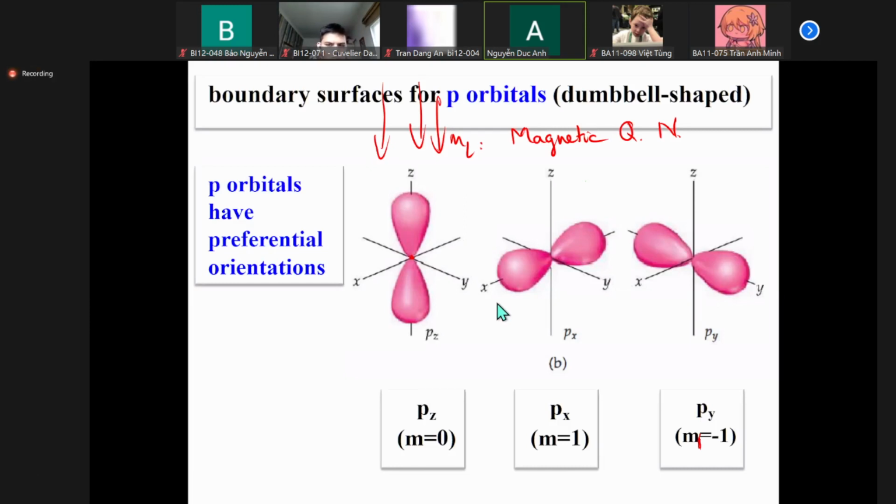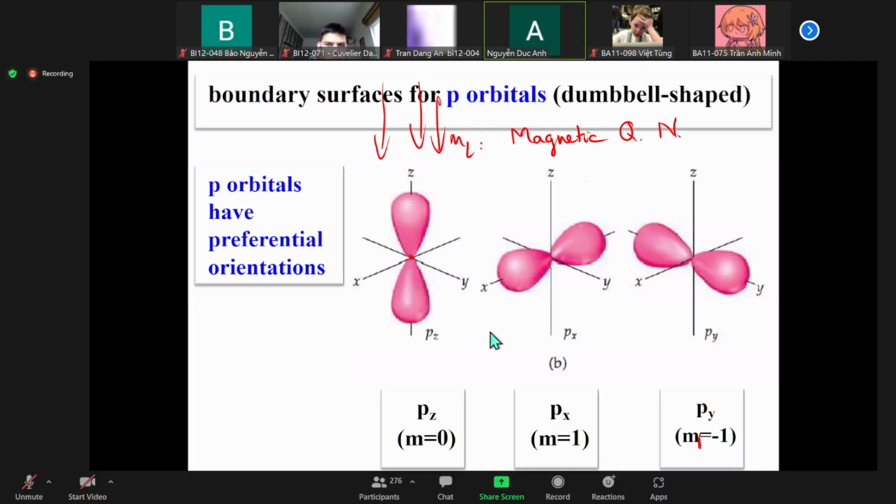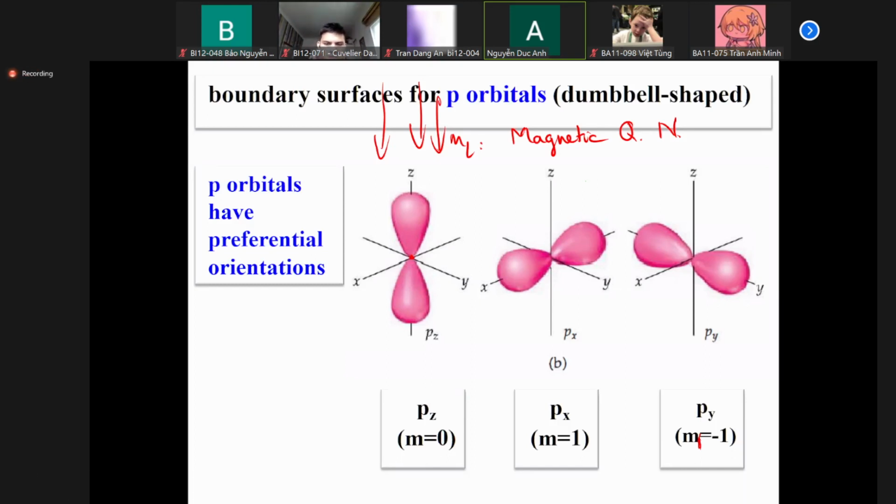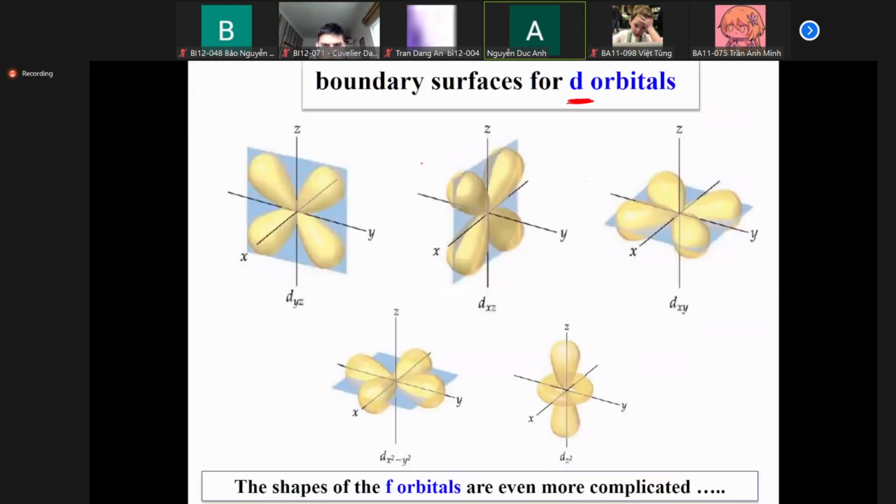If you have the shape of S, this means L equals 0, and you have an S subshell with the shape of a sphere. If L equals 1, you have a P subshell, which has the shape of a dumbbell. In the case of the D subshell, L equals 2, and the shape of the orbital is a kind of flower.